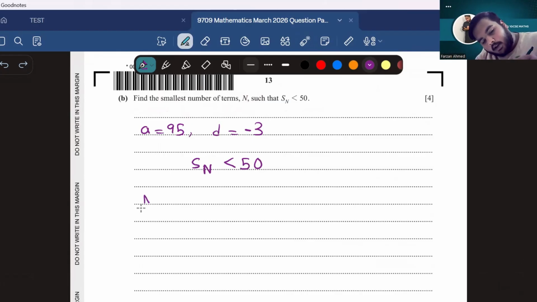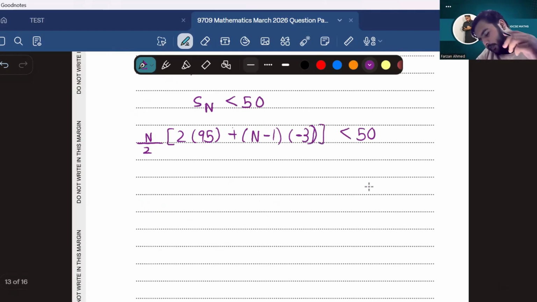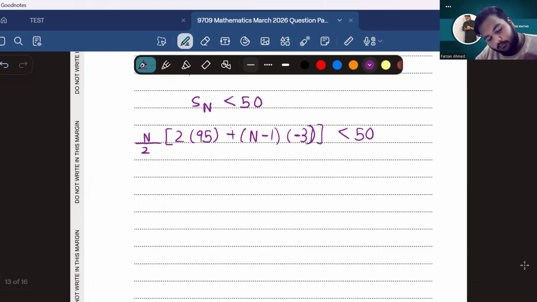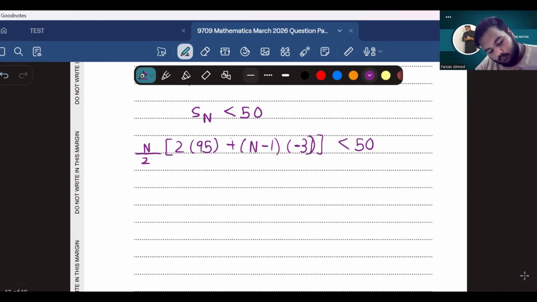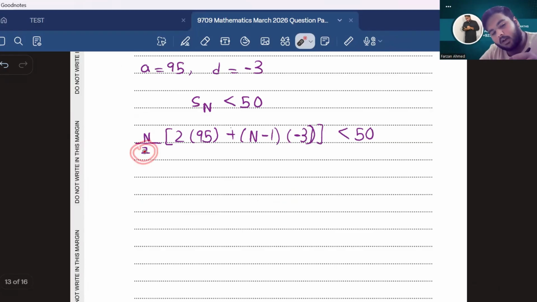So we will use the S n formula, which is capital N upon 2, whole bracket, 2 times 95 plus capital N minus 1 into minus 3, bracket, and less than 50. Now we'll move this 50, so 50 multiplied by 2 is equal to 100.